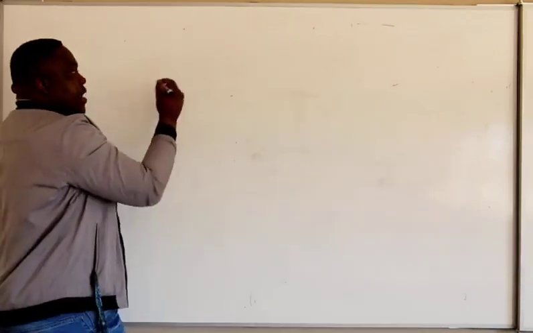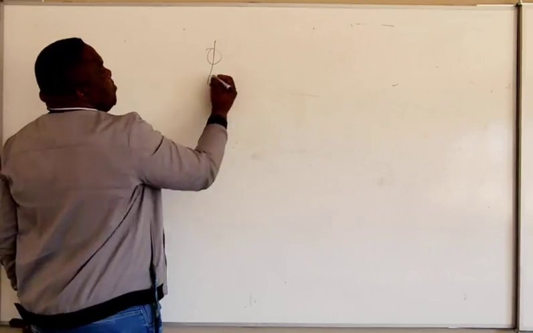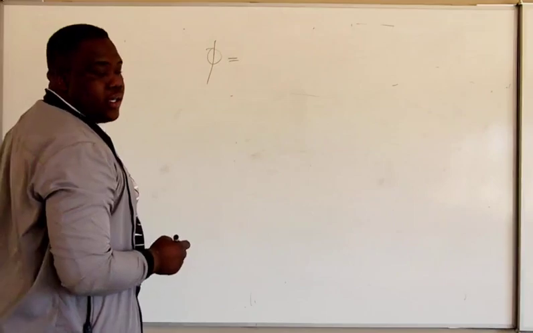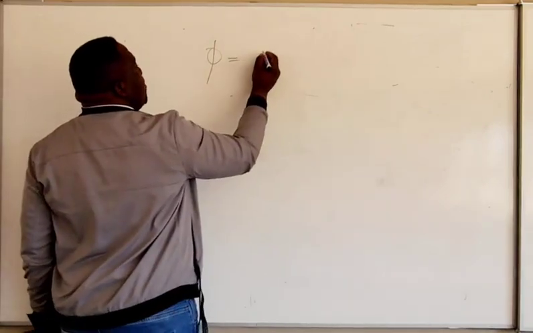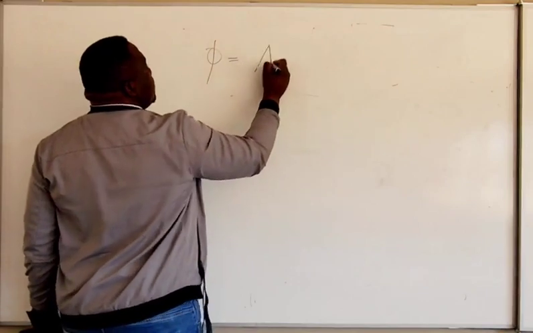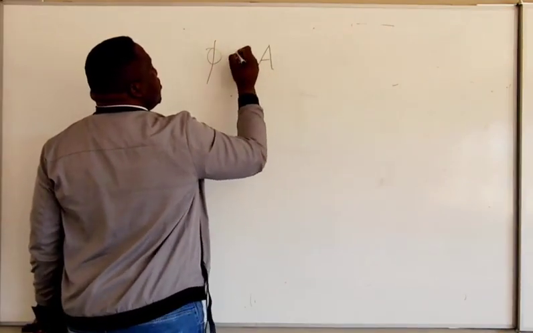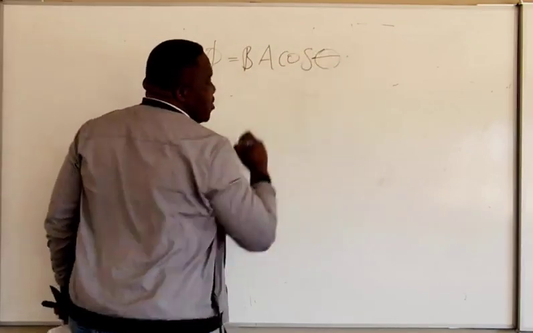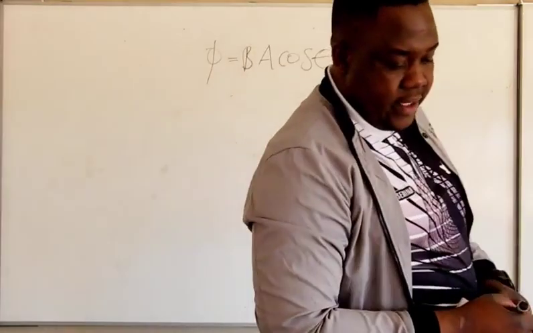You remember that when we calculate magnetic flux, it is given by the area, the cos theta. Magnetic flux is given like that.